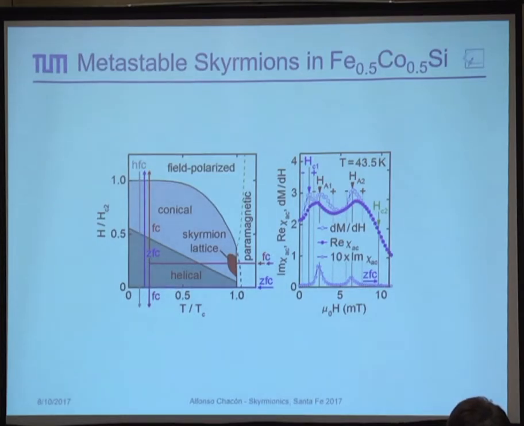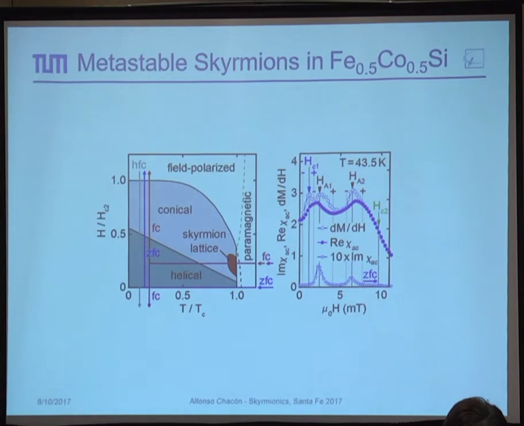So the typical signature that you will observe in these compounds when you take this measurement is a discrepancy between the real susceptibility, those are the full points, and the open points are the derivative of the magnetization. You will observe that at HC1, that's the transition from the helical phase to the conical phase.